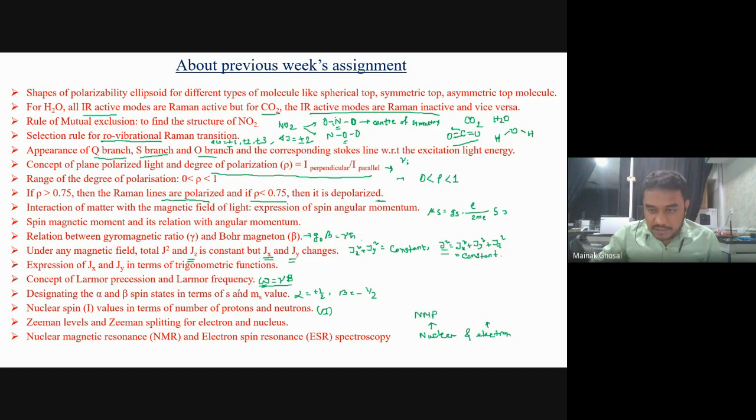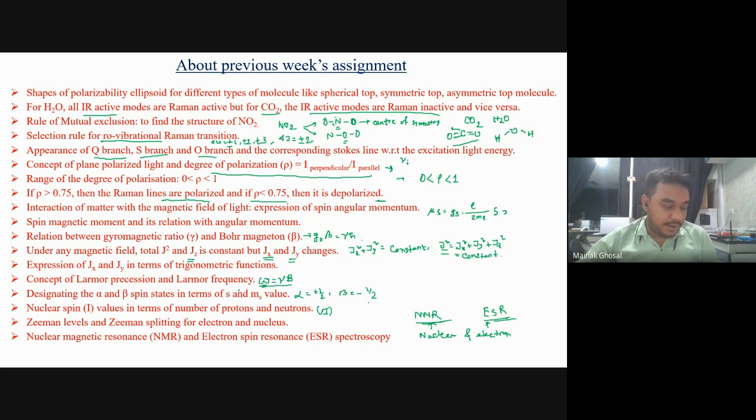Using nuclear spin, NMR, nuclear magnetic resonance spectroscopy, was developed. Using the electron, ESR, electron spin resonance, also known as EPR, electron paramagnetic resonance, was developed. This was the discussion of the previous week, where I gave a brief idea about resonance spectroscopy.